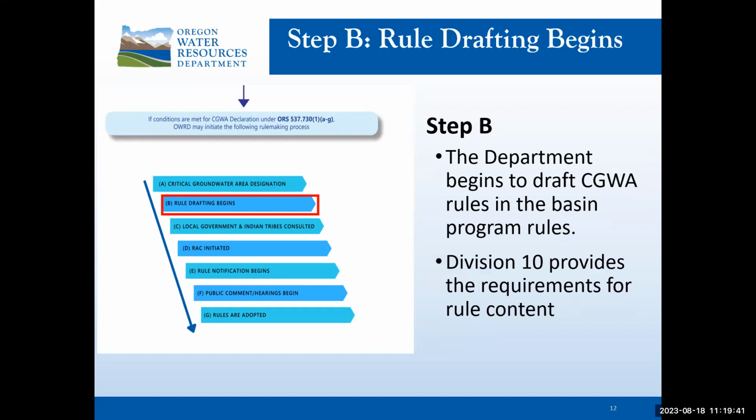Step B is when the rule drafting begins, and there are a number of components within step B. In step B, the department begins to draft the critical groundwater rules and the basin program rules. This is where the rule language begins to form. Division 10 provides specific requirements for what's in this rule content.